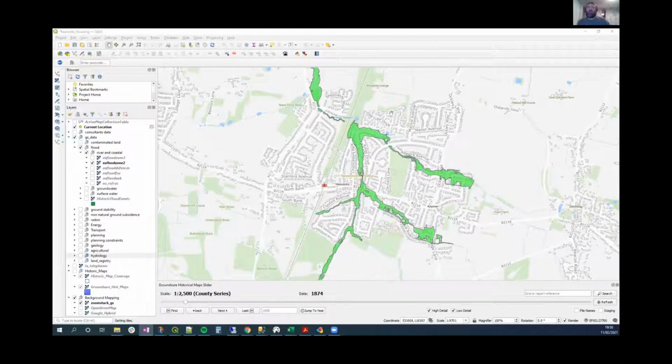So like all of the models that we're going to look at this evening, this data is based on model data. So this means it's not an indication that a property or a piece of land is going to flood, but that there is a risk of flooding in the area.